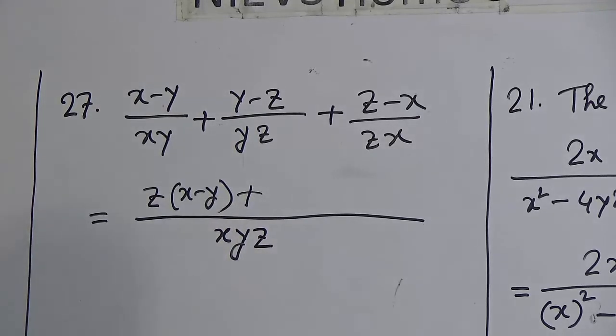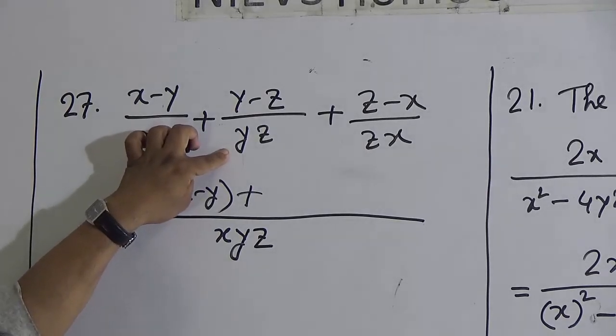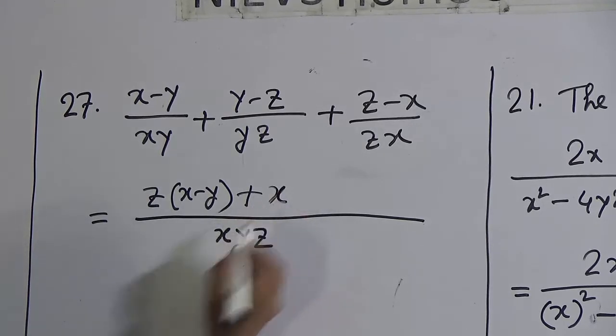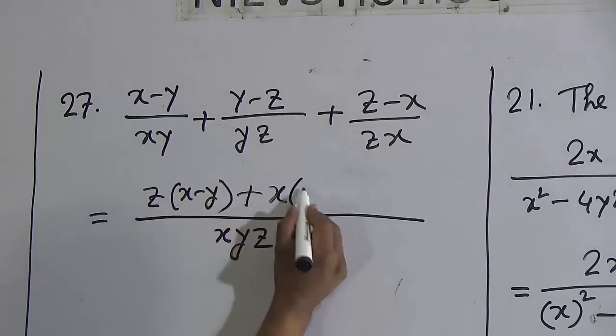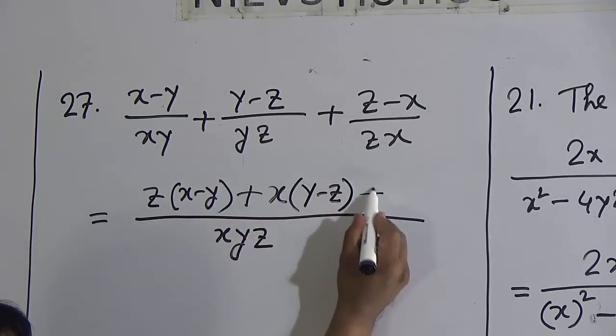Again, this LCM needs to be divided by the second fraction's denominator yz. Then y will be omitted and z will be omitted, only x will remain, and x will be multiplied with the numerator y minus z. Then the plus sign will appear here.